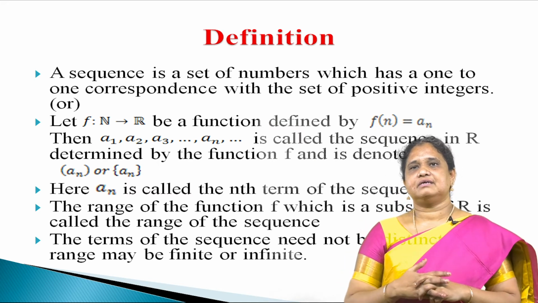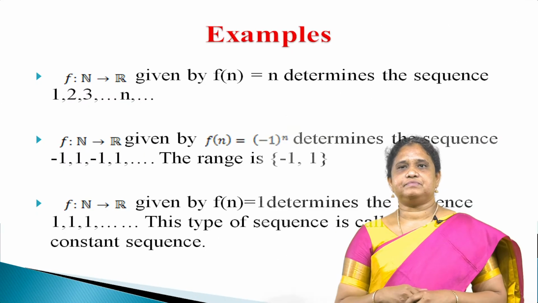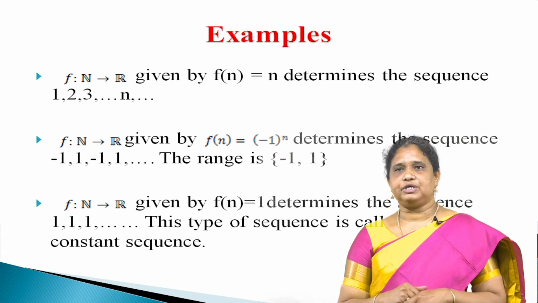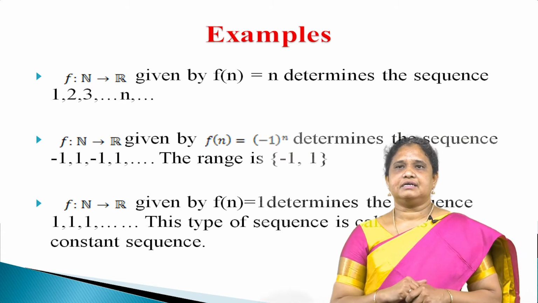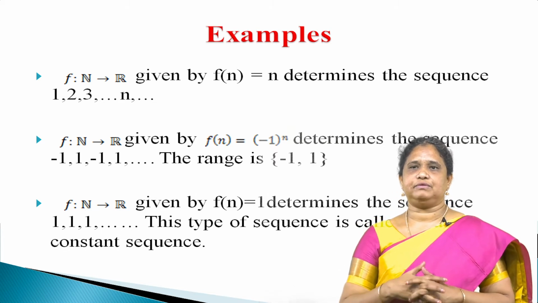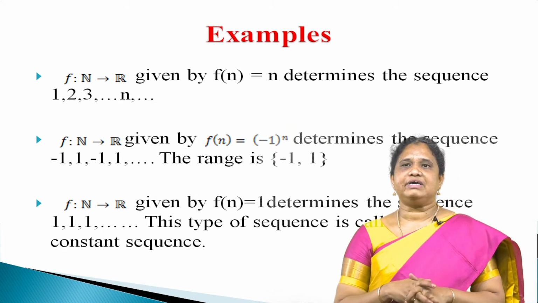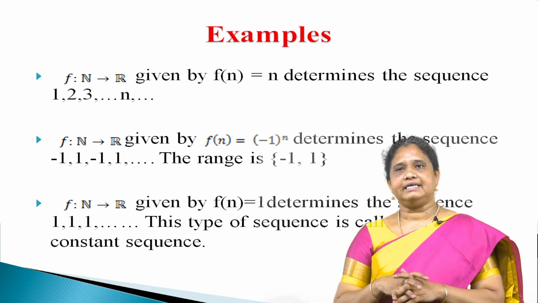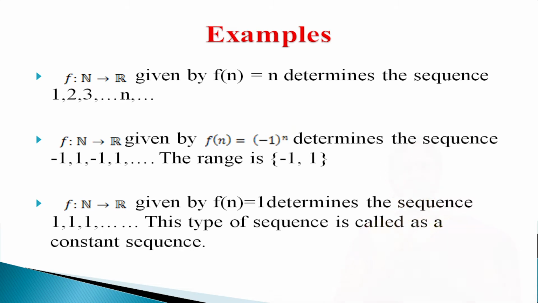Some examples. Let f from N to R be defined by f of n is equal to n. Here, if we substitute 1, 2, 3, etc. for n, we get the sequence 1, 2, 3, etc., n, etc. Here it is an infinite sequence.